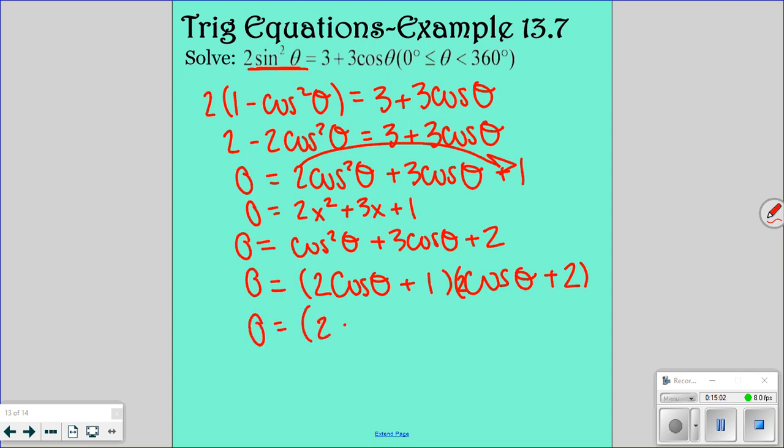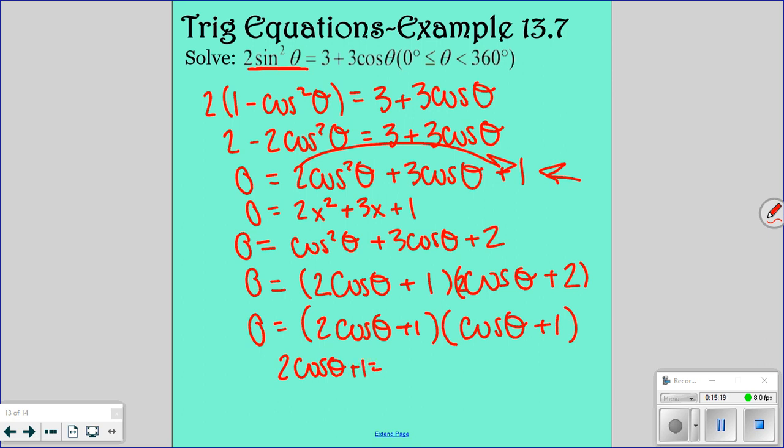So we have 2 cosine of theta plus 1 and cosine of theta plus 1, because both of these can divide by 2. And so that's how this equation factors. And then you'll set your 2 factors equal to 0. So this is going to become cosine of theta equals negative 1/2. And over here, this one is going to become cosine of theta equals negative 1.